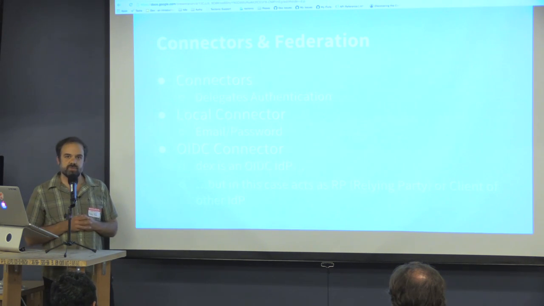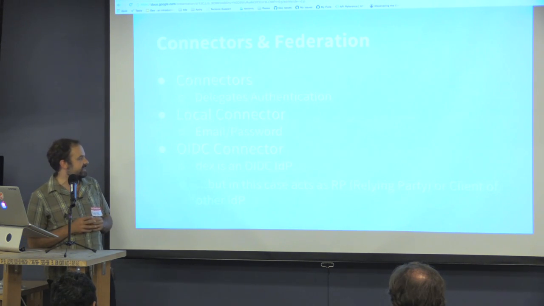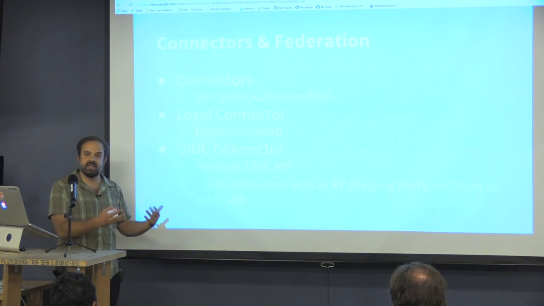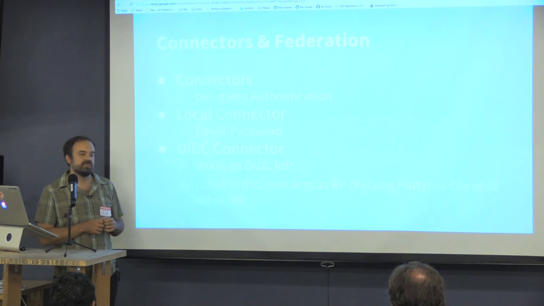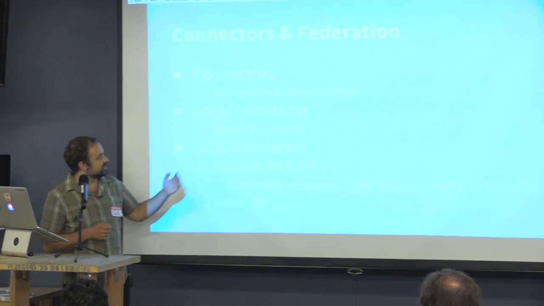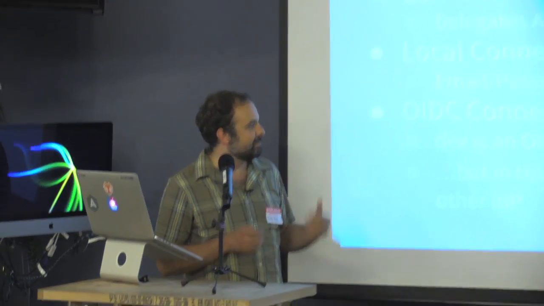The two connectors that DEX currently ships with are a local connector, email address and password, and an OIDC connector, which lets you delegate authentication to yet another OIDC provider. So DEX is itself an OIDC identity provider, but in this case, it acts as a relying party, or client, of another IDP.